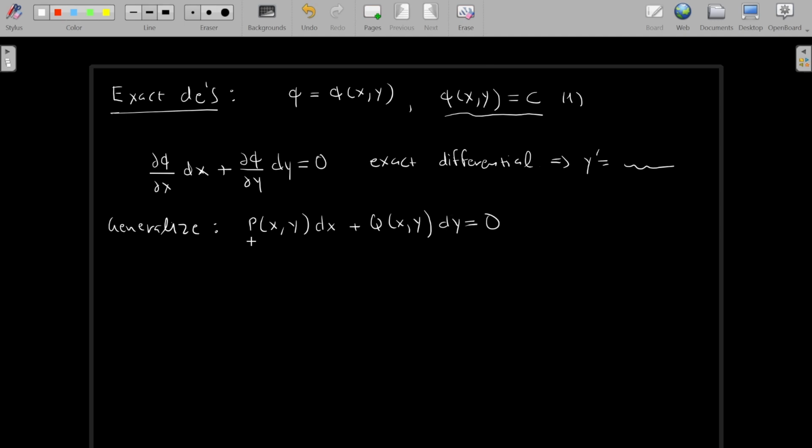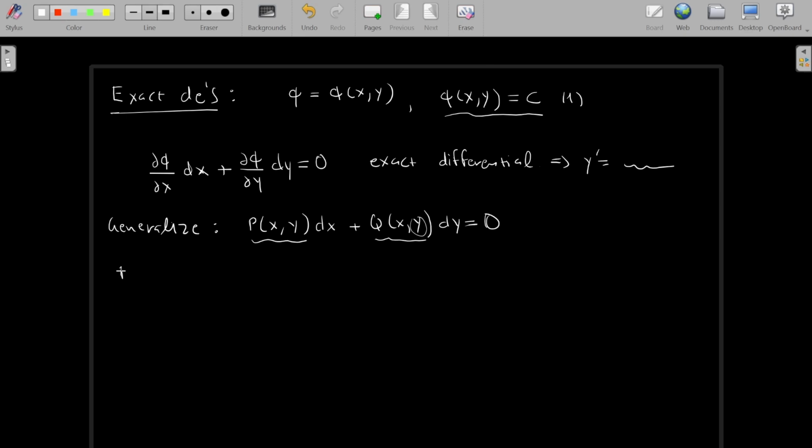Now, if p is the partial derivative of a function with respect to one variable, and q is the partial derivative of the same function with respect to y, the second independent variable, then this is going to be called again an exact differential.